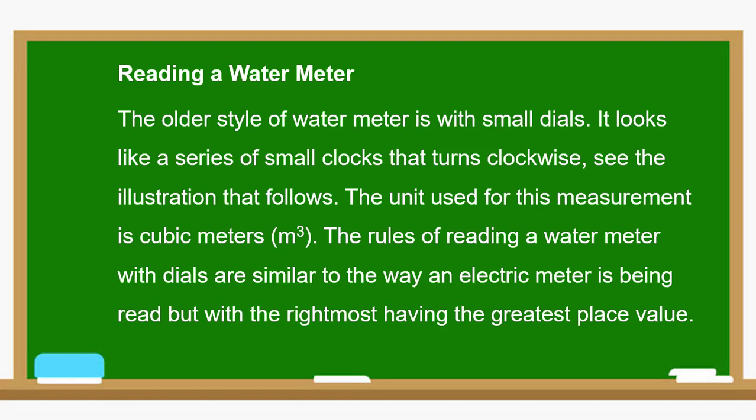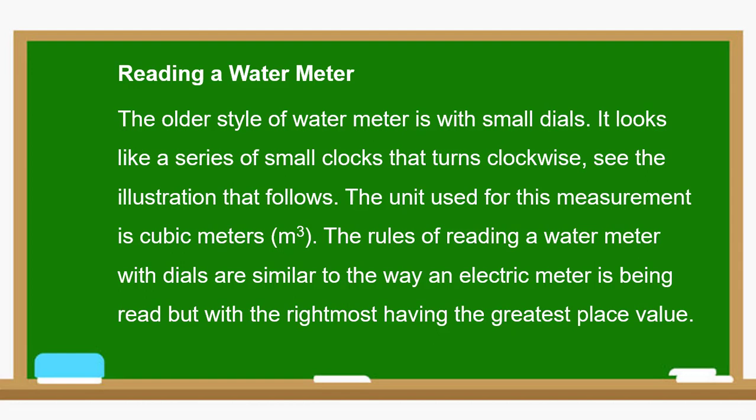Reading a water meter. The older style of water meter is with small dials. It looks like a series of small clocks that turns clockwise. See the illustration that follows. The unit used for this measurement is cubic meters.